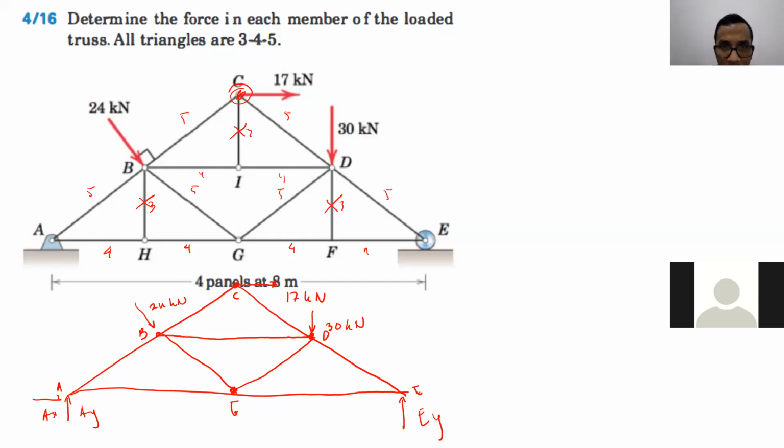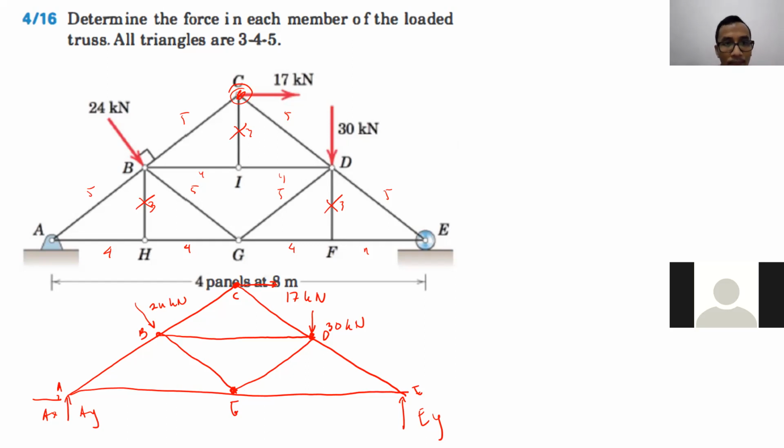Yesterday I asked some of you, but I want to check again. Okay, Judy. Hello, Judy. Yes, sir. I believe you learned from yesterday, and in this case, where should we start our analysis in order to find the force value of all the members?